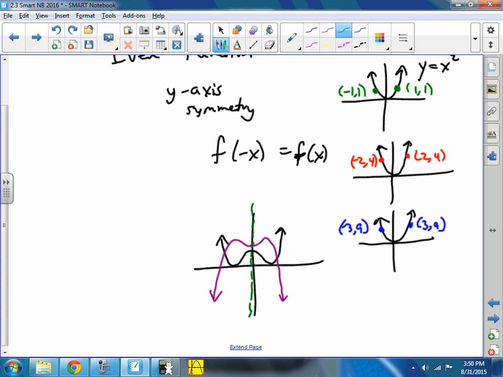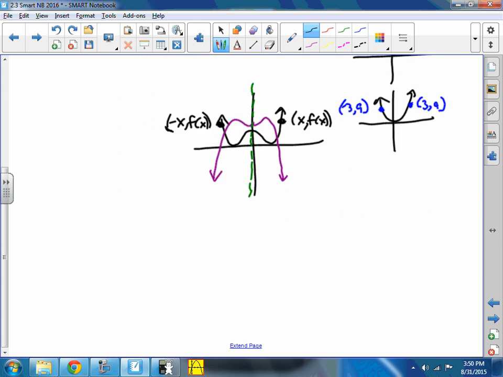See that? Cuts it right down the middle. And so for any point that's on the right, let's say the point x comma f of x, there should be a partner point on the other side at negative x comma f of x. They have the same y value, but the x has been switched to a negative x.